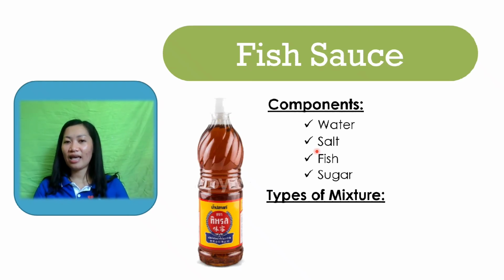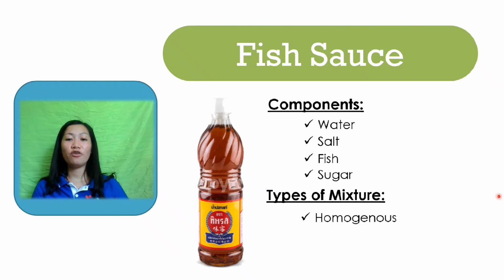So these are some components of a fish sauce. So what type of mixture is this one, the fish sauce? Is it heterogeneous or homogeneous? Alright, if your answer is homogeneous, then you are right. Because water, salt, fish, and sugar, they mix well. So they are uniform.